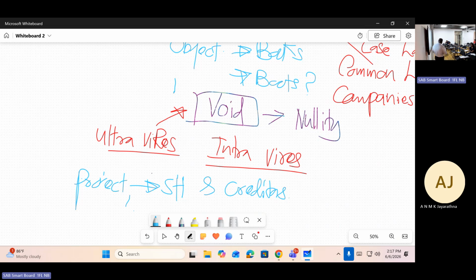That is under common law. So under common law, an ultra vires transaction, that is, a transaction beyond the objects, is a void contract. No party can seek relief in a court of law.